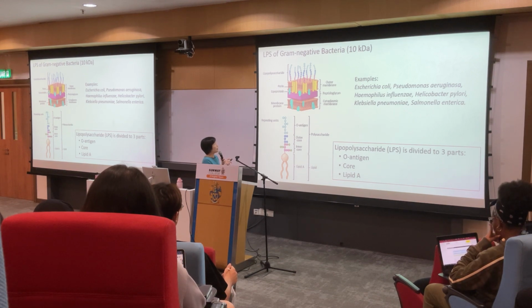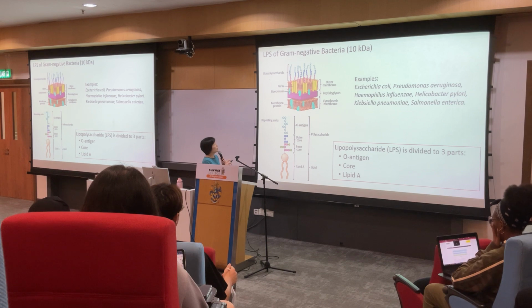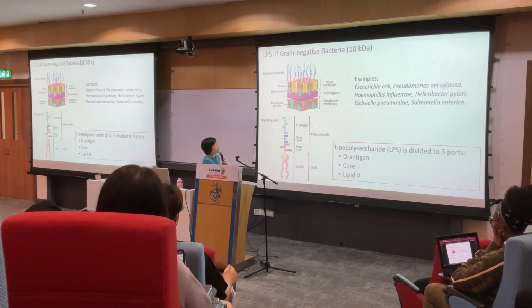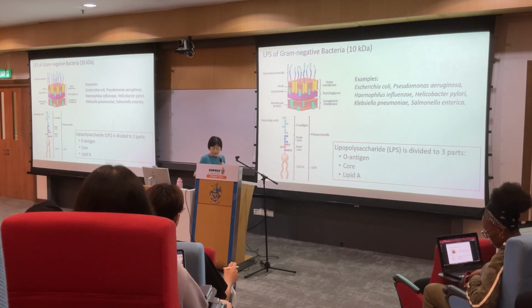Because lipid A is the one at the bottom that is embedded inside the membrane. So it has to be similar to the phospholipid. Otherwise, it cannot be inserted in the lipid bilayer. So remember, polysaccharide is hydrophilic, and this is hydrophobic, which is a lipid. There are three components.